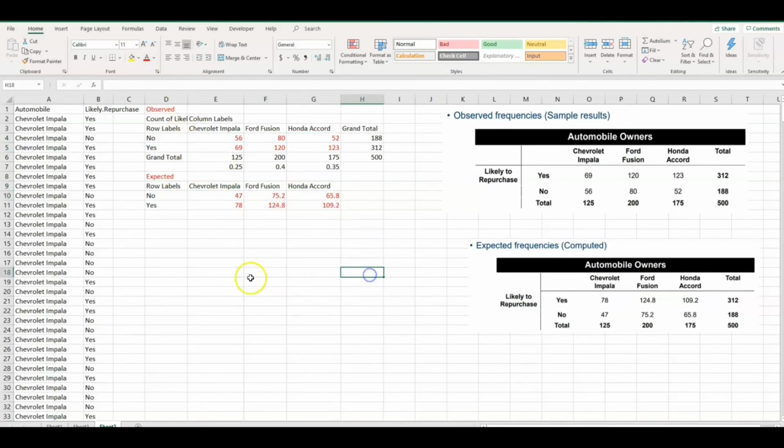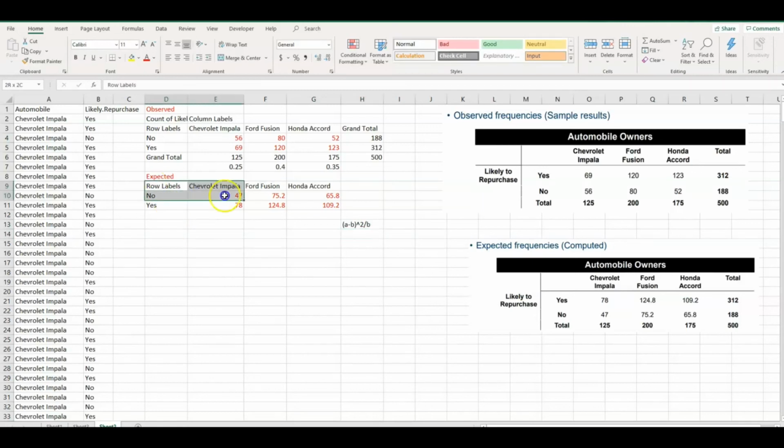Then we are going to apply the formula. I'm going to choose one value. The formula is A minus B, squared, divided by B. So this is our formula.